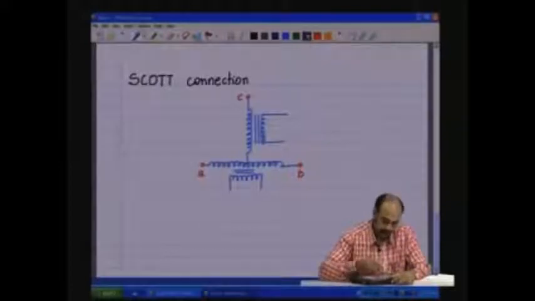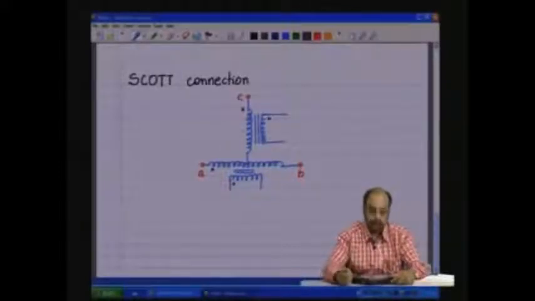With the following dot polarities, we have the dot here and the dot here and dot here.